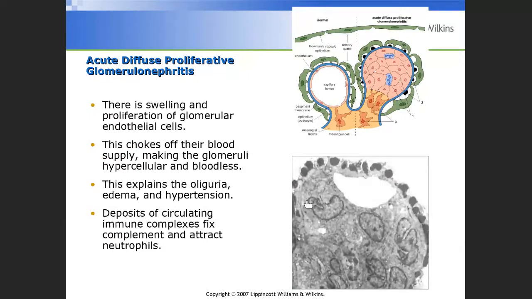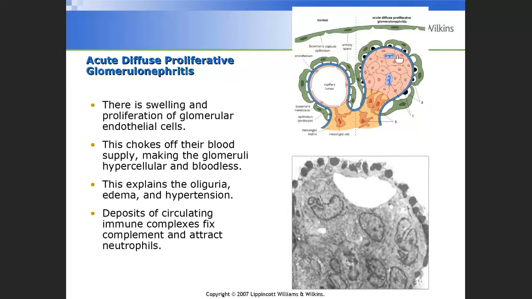So this is a cartoon drawing of the glomerulus. You have the endothelial layers of the blood vessel, the basement membrane here in blue, and the podocytes, which are green. In this case, you get this glomerular expansion.